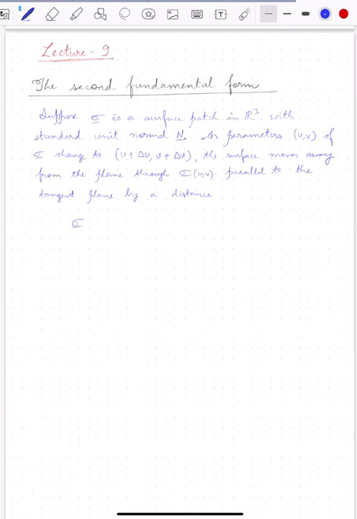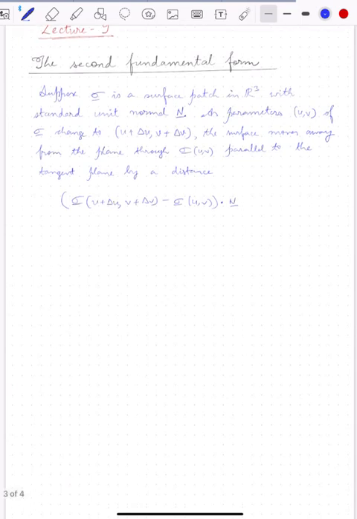So sigma vector u plus delta u comma v plus delta v, minus sigma vector u comma v, dotted with n vector. So this is the distance by which it moves.